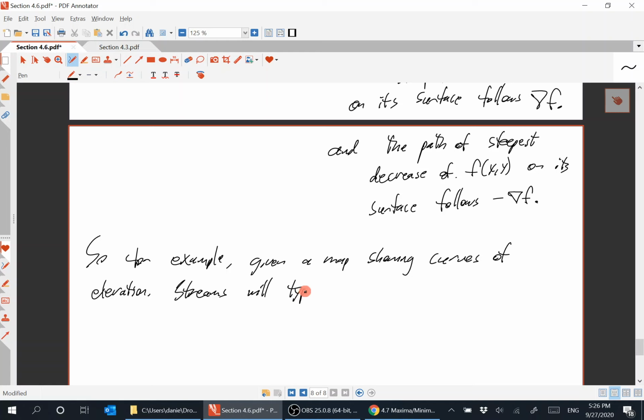It will typically follow the negative of the gradient of f to go along the path of steepest decrease.